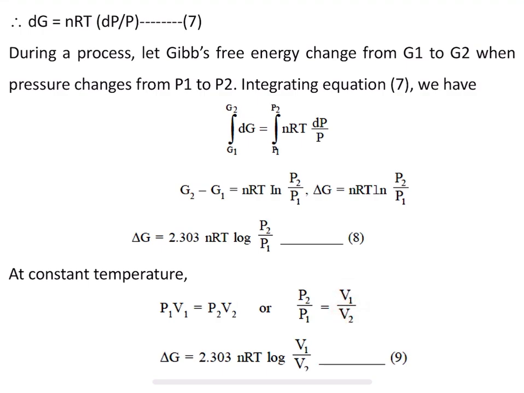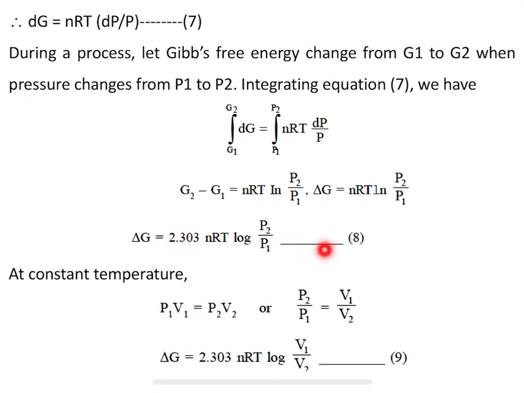Then this equation takes the form delta G is equal to 2.303 nRT log V1 divided by V2. This is the expression derived to explain the variation of Gibbs free energy with pressure during an isothermal process. These two are important.